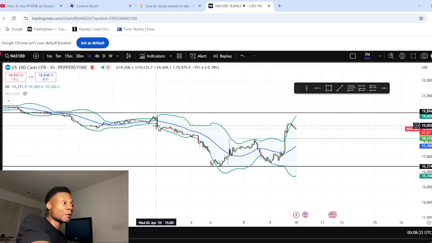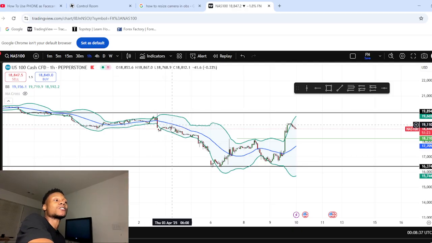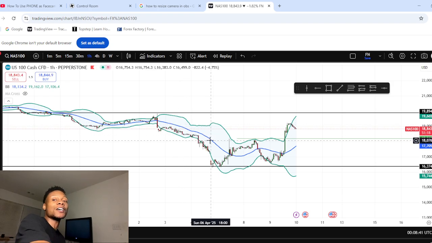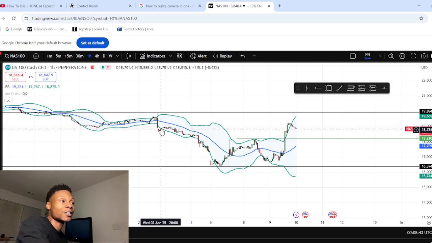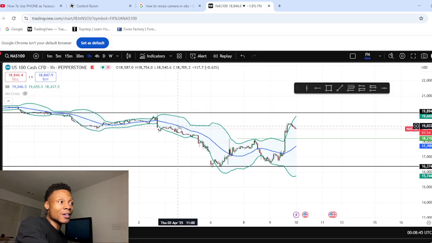So you can have price coming to the Bollinger Band, like even right here, and it still stays above this blue line. This blue line is the standard deviation. The general law for that is that it is basically another moving average.